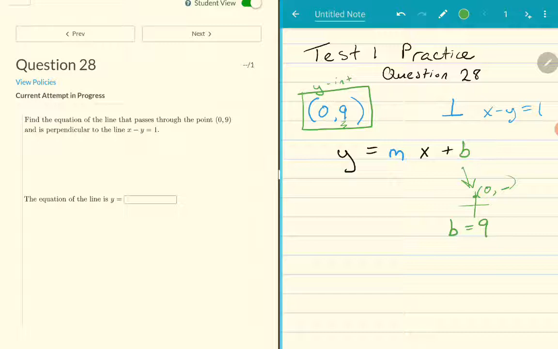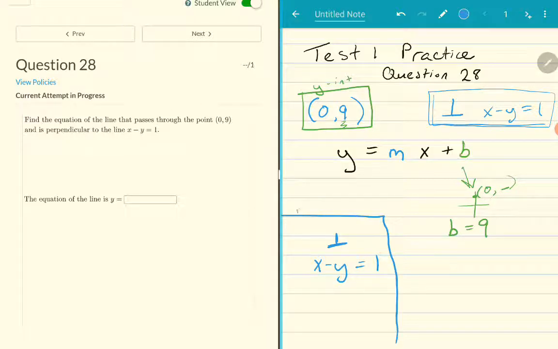All right, and then the other thing we need to find is the slope. The slope is perpendicular to the line x minus y equals 1. So first I'm going to find the slope of the line that's perpendicular. I'm going to solve x minus y equals 1 for y so I can get it in y equals mx plus b form. This is the perpendicular line, and I'm going to put a box around it so I don't confuse it. Okay, so I'm going to put y on the other side.